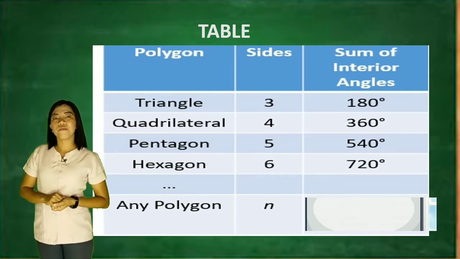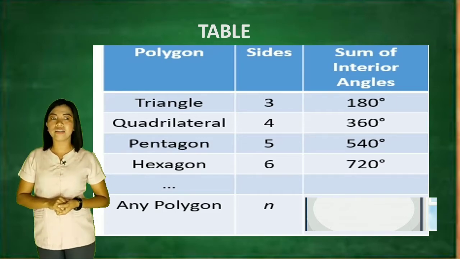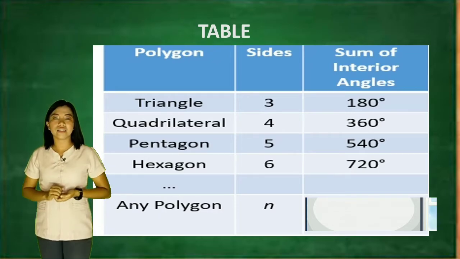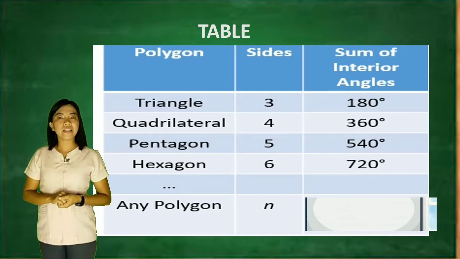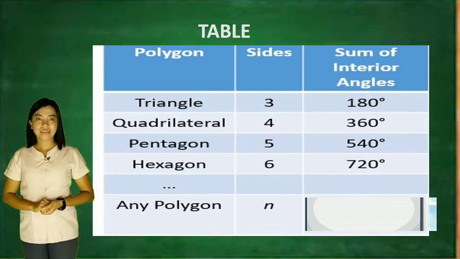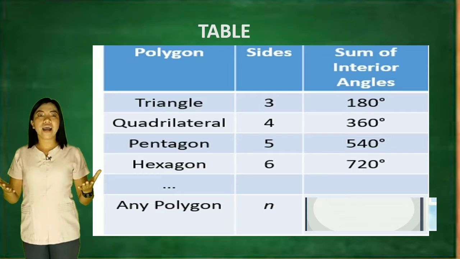Do you know why a triangle has a sum of its interior angles of 180 degrees, a quadrilateral 360 degrees, and a pentagon 540 degrees? I will give you 1 minute to think. Your time starts now.